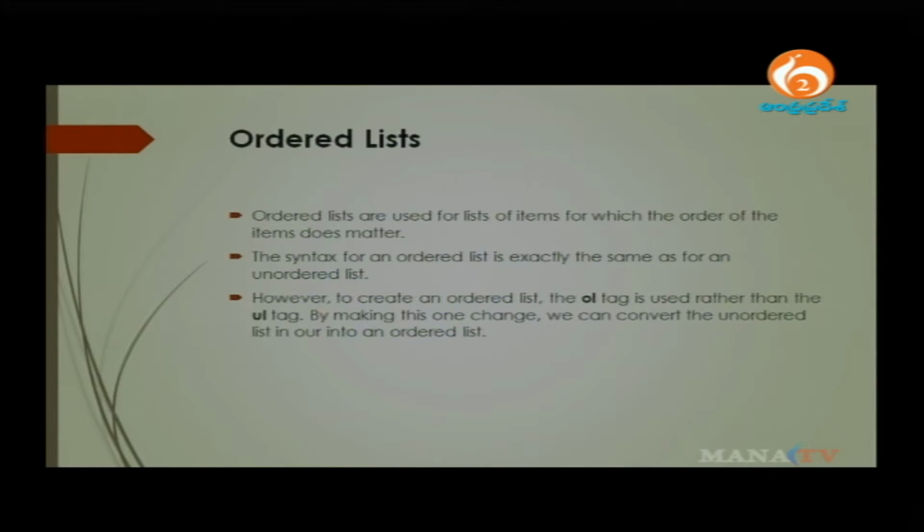In an unordered list, it does not matter even if we shuffle the order of the items, but in an ordered list the order of the items is the information basically. In order to denote the order of items, we show it in an ordered list.